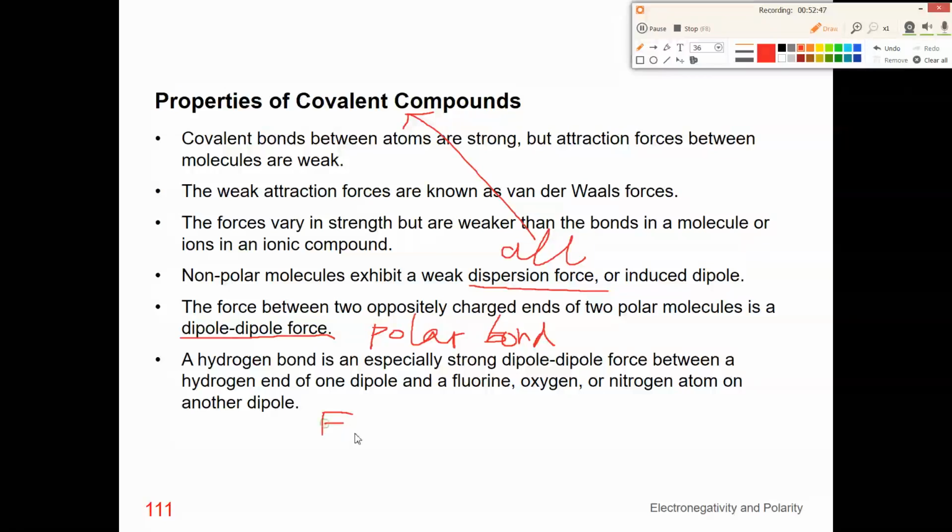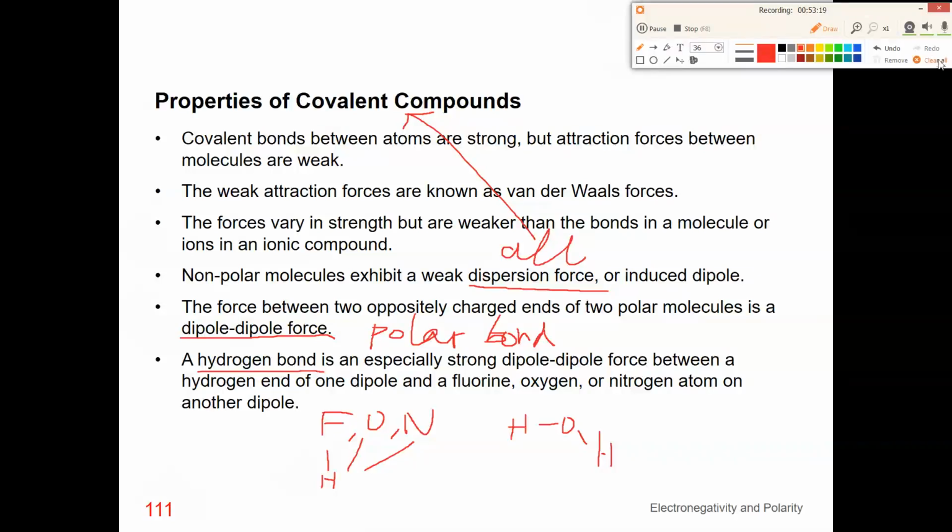If you have a fluorine, oxygen, or nitrogen bond with hydrogen, this hydrogen bond exists. So basically, if hydrogen bonding exists in the molecule, all three kinds of forces exist. Basically, in water, all three forces exist, right? So don't forget that. If you see water, don't say there's only hydrogen bonding. No, all three forces exist in water. Right, that's all for the chapter.